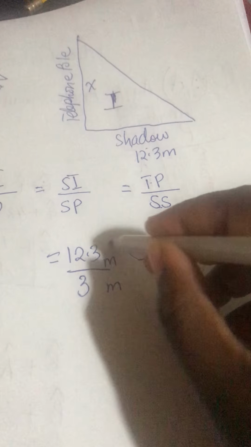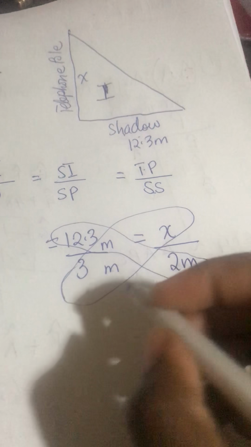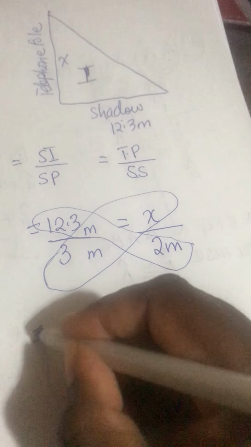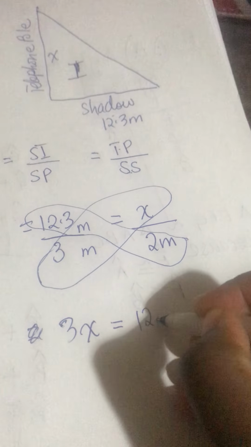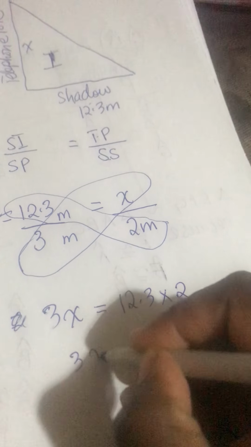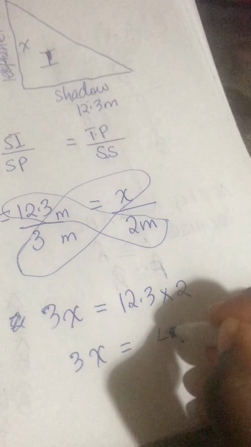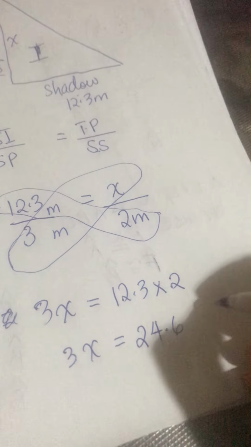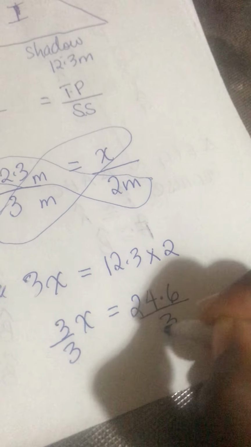I do the butterfly method. So we'll have 3x equals 12.3 times 2. This is 3x equals 24.6. I divide both sides by 3.